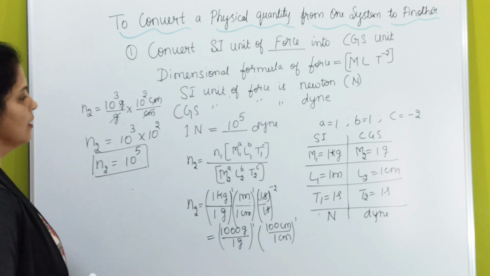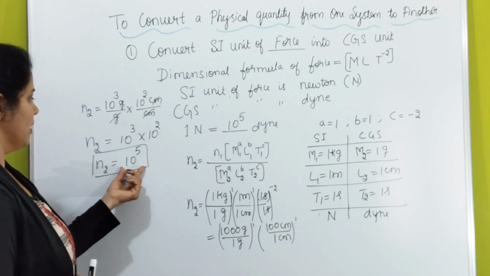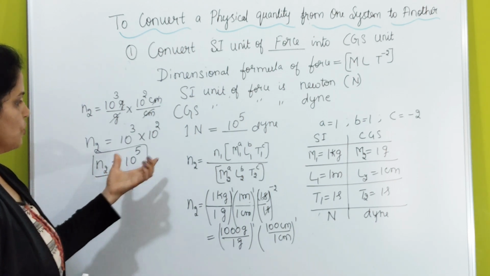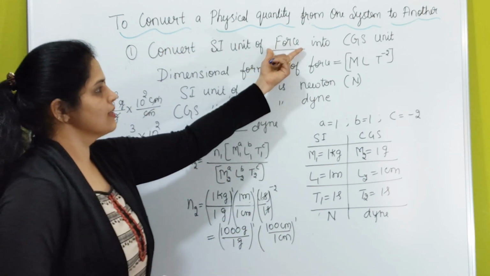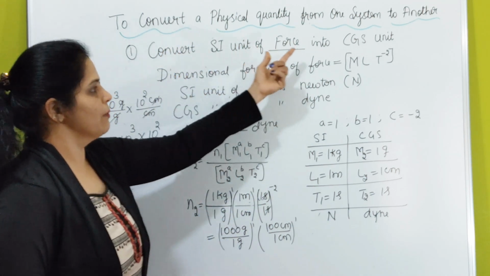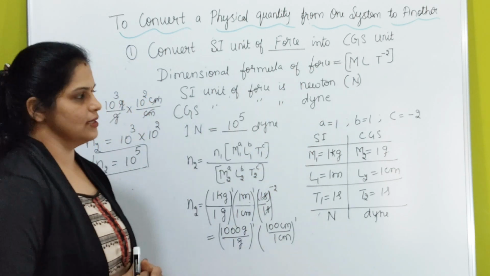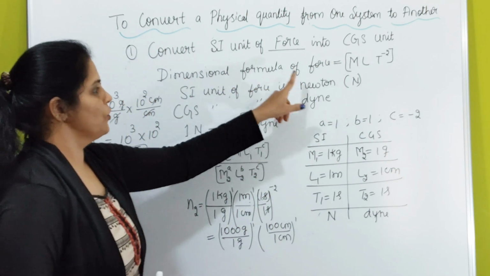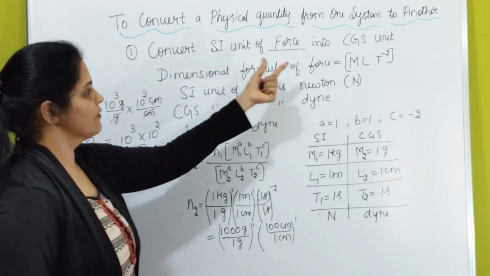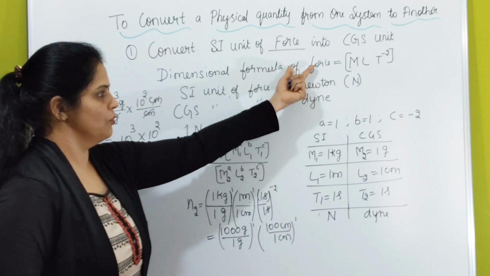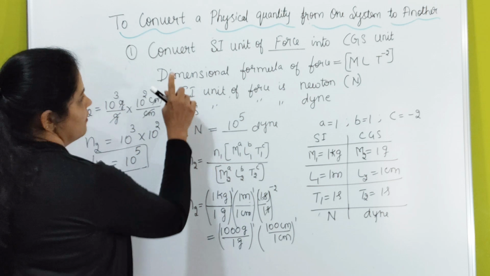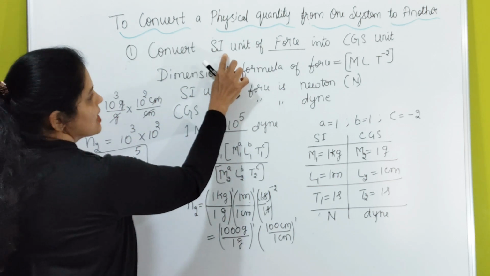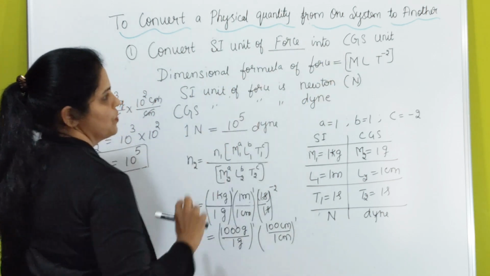Like this, we came to know the number which was unknown for us, using the dimensional formula. First look at the given physical quantity and write its dimensional formula, and write the units: the SI unit of force is Newton, the CGS unit is dyne. We need to convert the SI unit of force, 1 Newton, into the CGS unit.